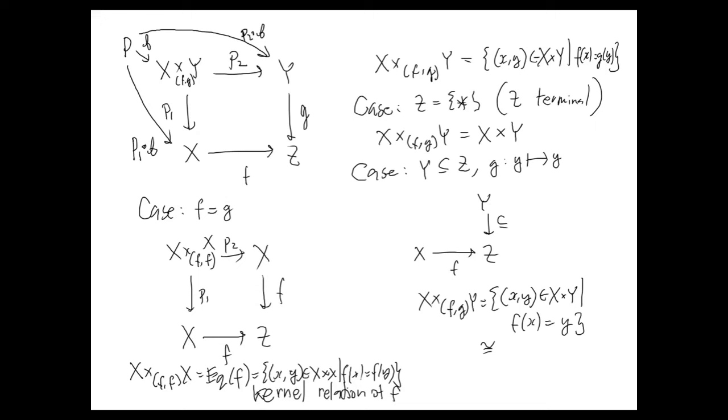So you can eliminate the second parameter, right? Before eliminating it, let me rewrite this thing. It can be rewritten as the set of pairs x, f of x, such that x belongs to X, right?